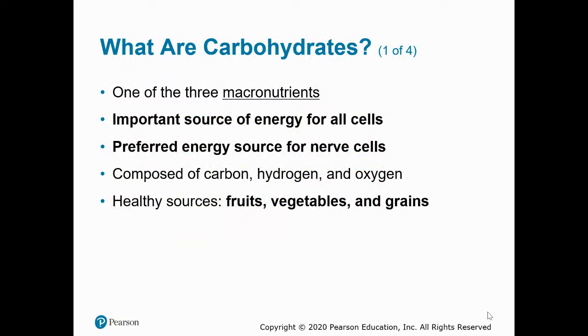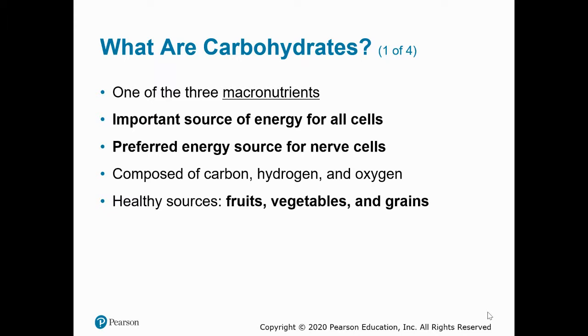So the way this chapter is broken out, or the way this lecture is broken out, which does follow your textbook pretty closely, we're going to introduce carbohydrates, the different types of carbohydrates that we can identify from the simplest form to the largest, most complex form. We're going to talk about how our bodies regulate the amount of glucose that's in our bloodstream, which is a critical life function.